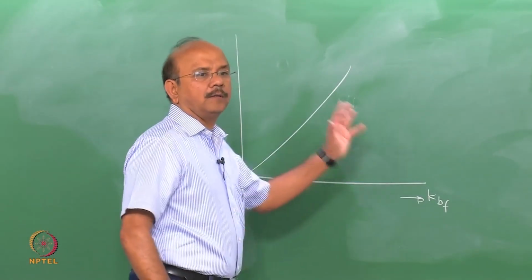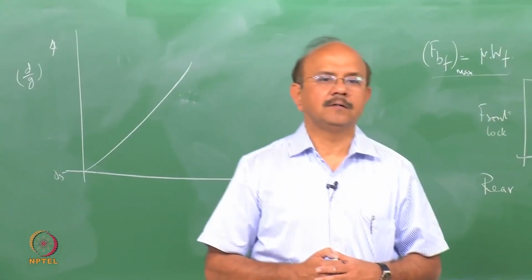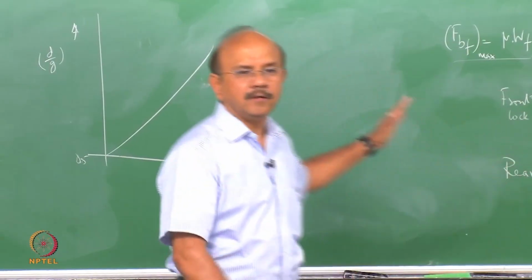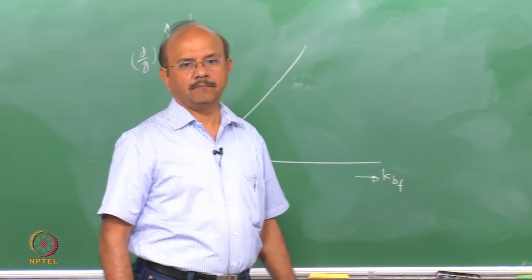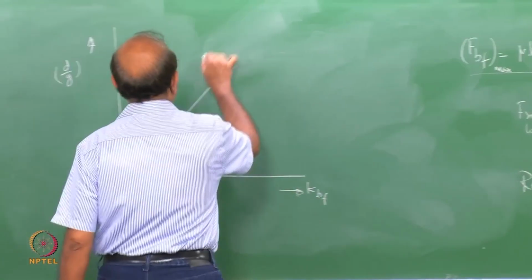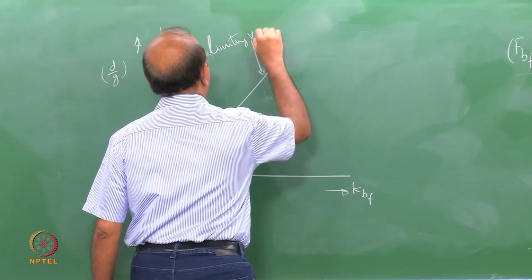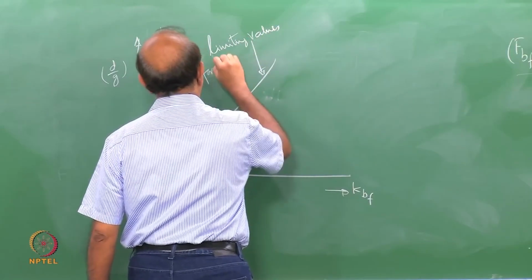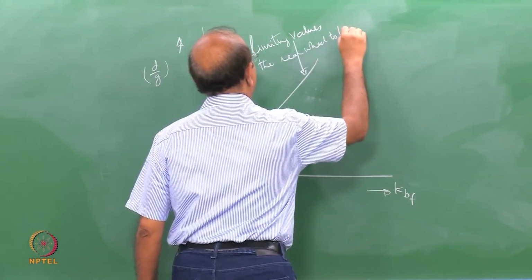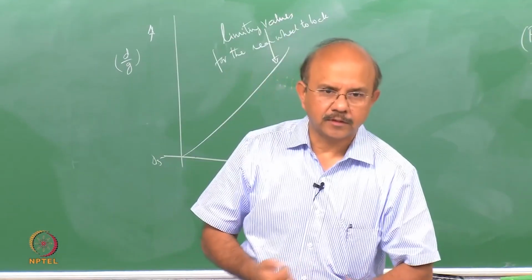If I now draw a limiting case for the rear wheel to lock, this would be the case. In other words, the deceleration at which the rear wheel would lock is this. Why is it increasing? Because the force on the rear wheel is now increasing.